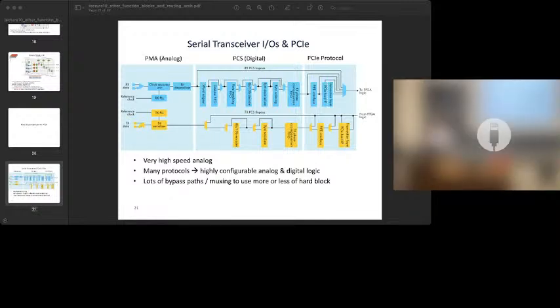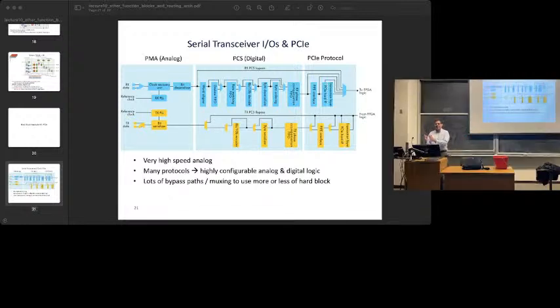At the speeds PCI Express is running at, so many gigahertz, you can't align a clock to the data. You can't send a strobe or a clock alongside the data. That's what DDR chips do. But DDR chips are intended to be pretty close to what's talking to them, and they don't cycle at as high a frequency. At these frequencies, you just can't send a strobe that's aligned with the center of your data window.